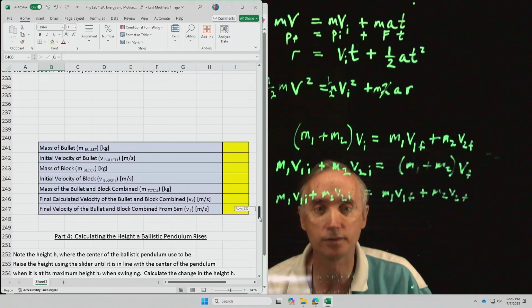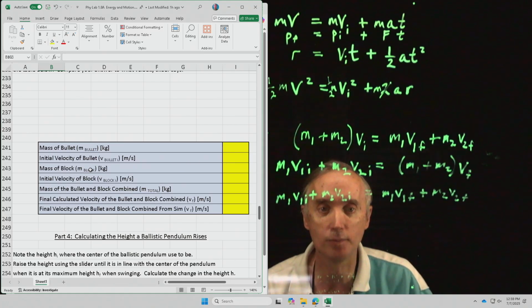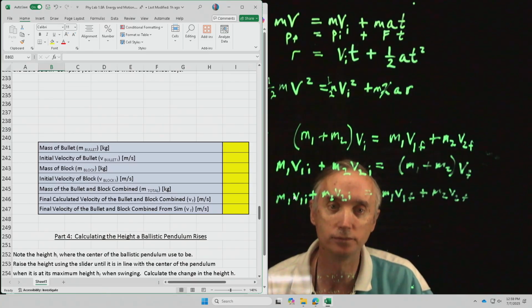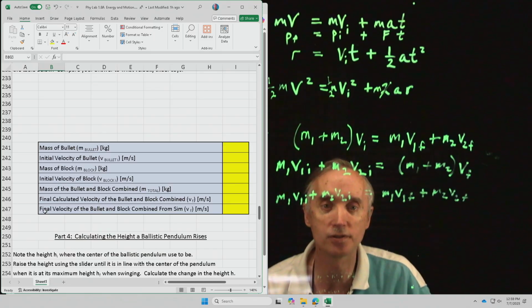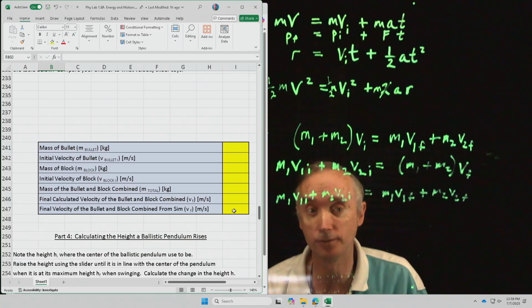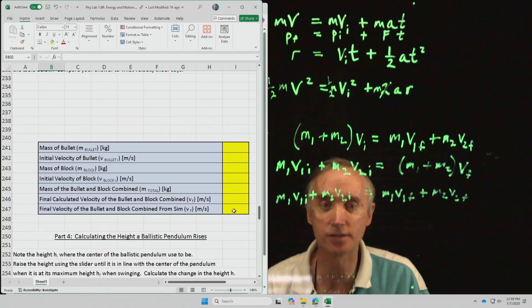Record the mass of the bullet here, the initial velocity of the bullet, the mass of the block, the initial velocity of the block, and the mass of the bullet and block put together. Then the final calculated velocity using the equation, and then the velocity from the simulation. Okay, got it? All right, so that's part 3, and now we're ready for part 4 in just a moment.